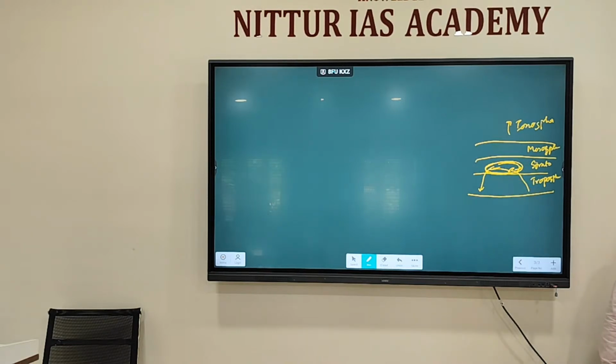Why is most of the movement of flights in the stratosphere? Why is there lesser disturbance here? More height. Any other thing?